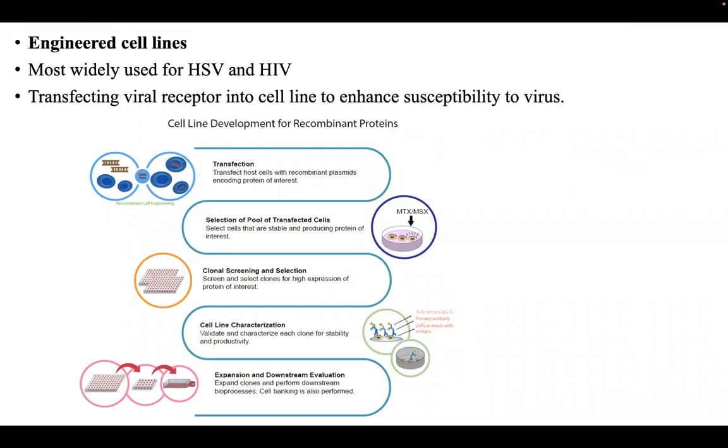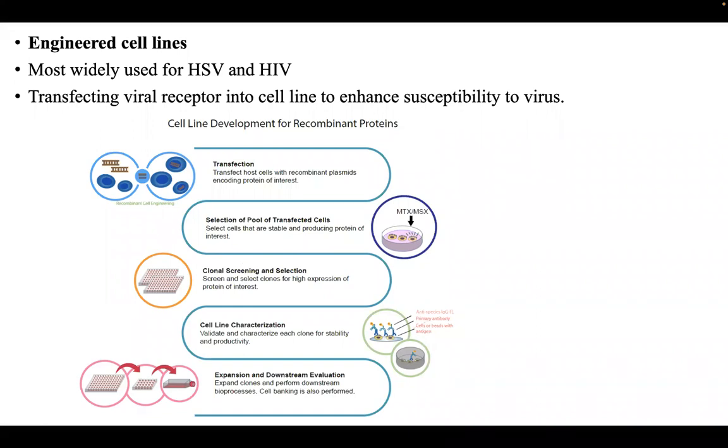So with downstream processes, you can select for the cells that have been transfected, and they have means of selecting or screening for these particular cells, because normally when you're transfecting these cells, you're aiming to disrupt a certain gene on the cell also.